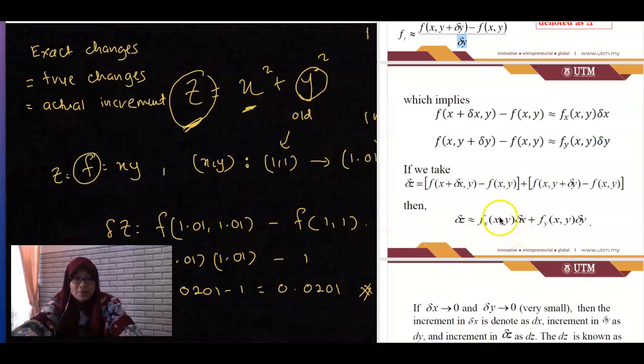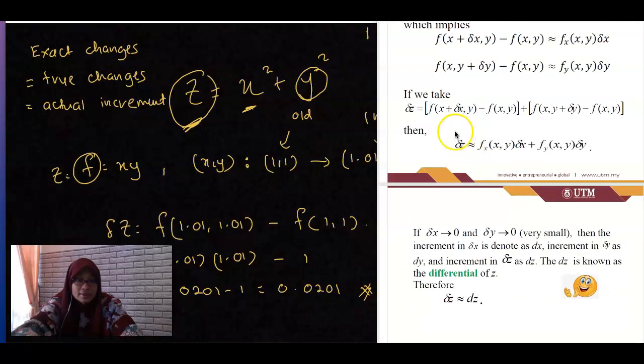The first bracket is taken from this one, which is fx delta x, plus this one from the definition just now, which can be approximated by fy delta y. So this delta z is the true change.